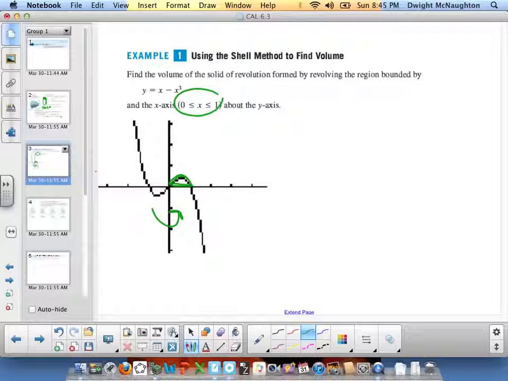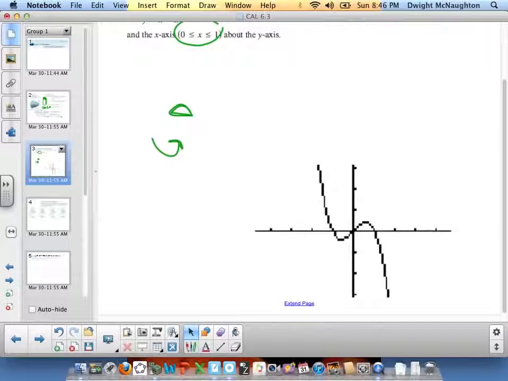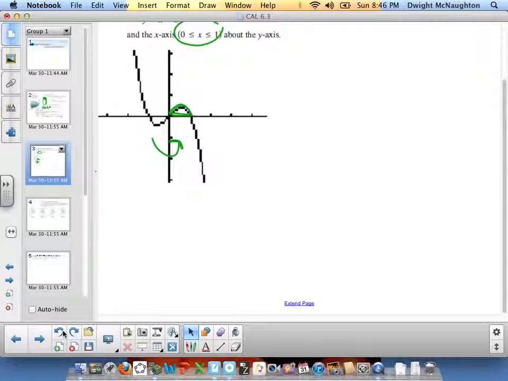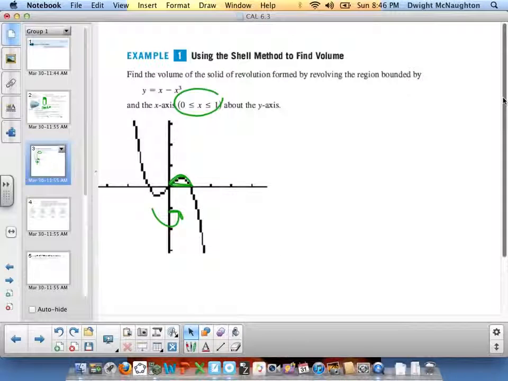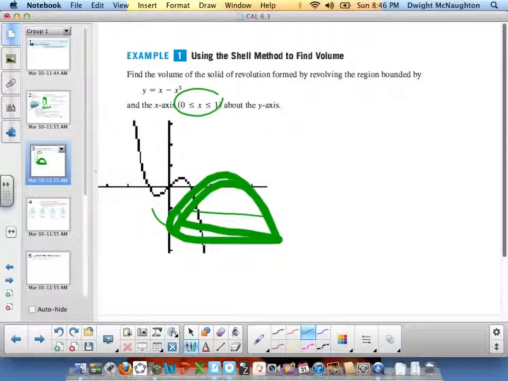What's nice about the shell method here is, let me make the region bigger. If we were going to use washers, we would have to go perpendicular to the axis of rotation. First off, we'd have to solve for x, because we're perpendicular to y, so we want it in terms of x.